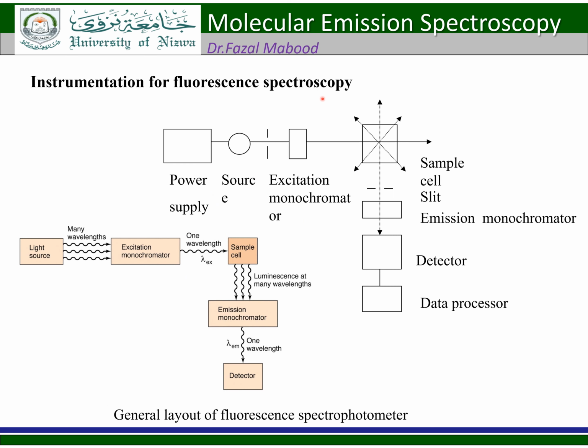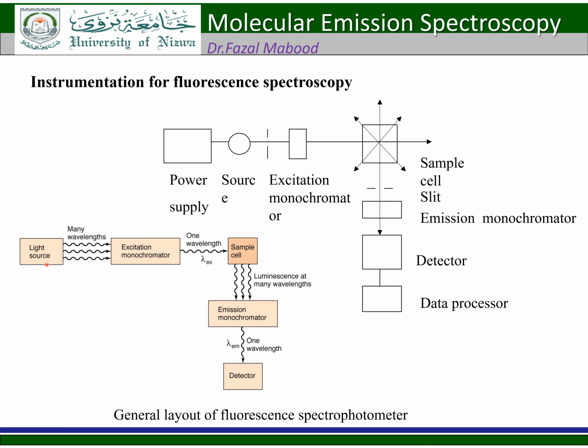Instrumentation for fluorescence spectroscopy. Here this is the light source, this is the slit, this is the monochromator which converts the polychromatic light into monochromatic, and here will be the sample holder. Then there will be the emission monochromator, the slit, and here we put the detector, and here is the data recorder or data processor.